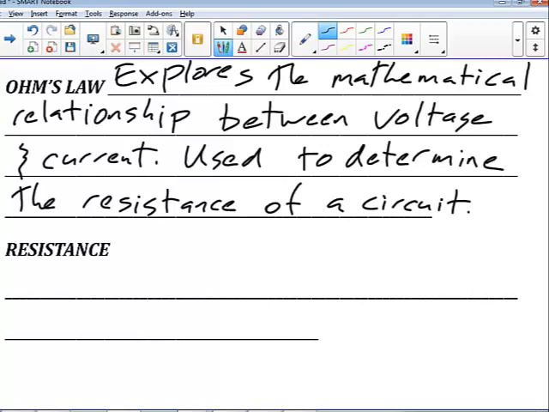Now if you think about running around, there are some places that have really high friction and really low friction. You could be running on ice where there's no friction, running really fast or skating along. Meanwhile, you could be running through the sticky mud, and you'd have a really hard time moving. That's the friction between your feet and the ground. It's sort of preventing you from going fast or going slow. Well, that's the idea with resistance. Resistance looks at wires and how much the electrons have the ability to flow.